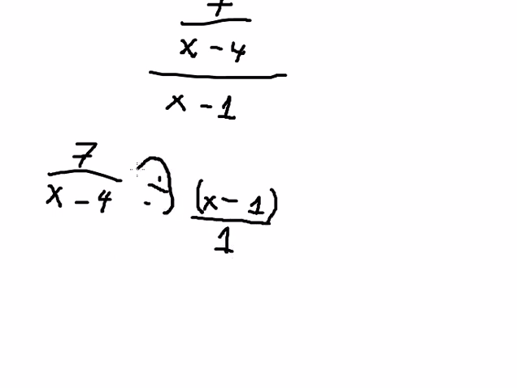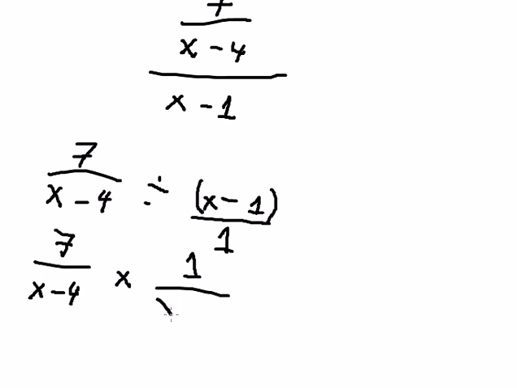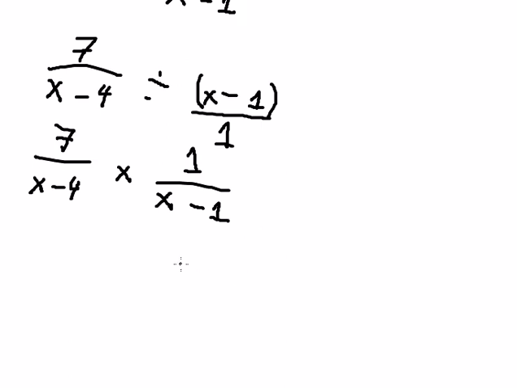So because we have the division, we can swap the numerator and denominator on multiplication in here. So you got number 1 over x minus 1. And now we get the final answer.